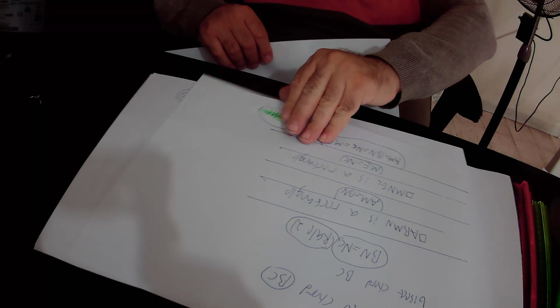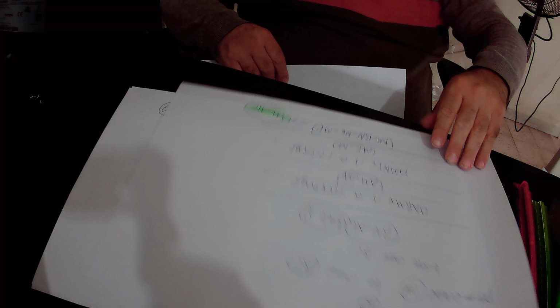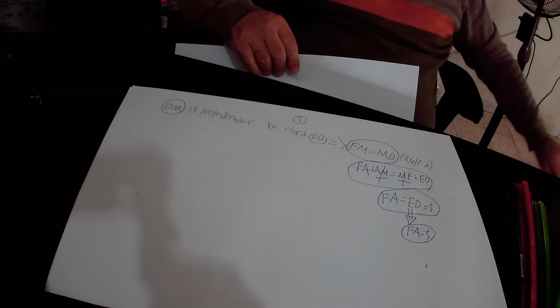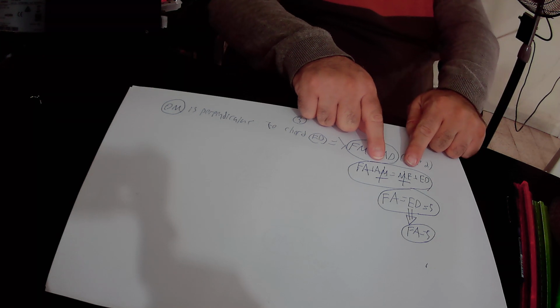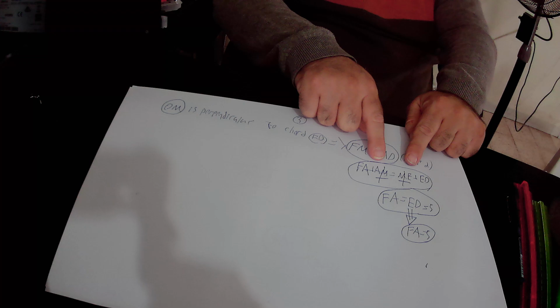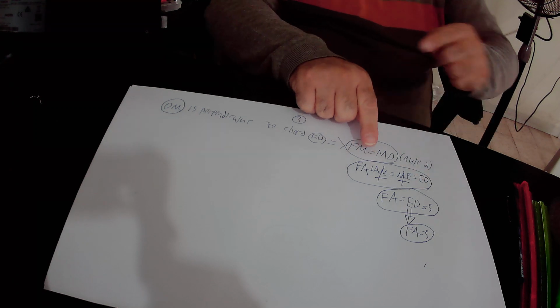But we have already found out that AM equals ME. Those two segments are equal to each other. AM equals ME, therefore we can cancel them out. So we cancel them and we are left only with FA equals ED.